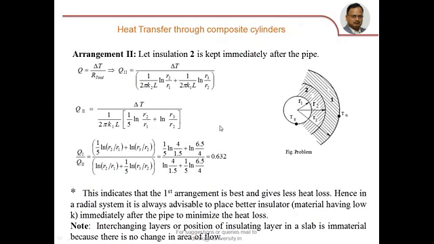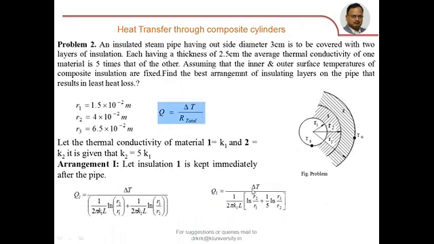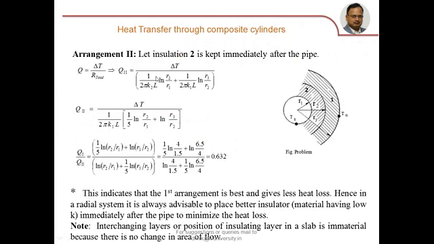Now to identify which one will give the best heat transfer, you divide Q1 and Q2. So 1 by 2 pi K1 L delta T in both these equations is common, it cancels.